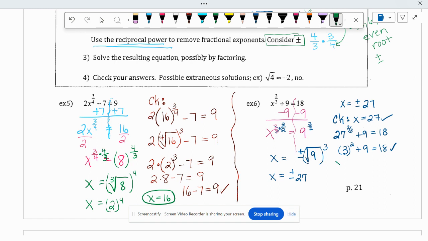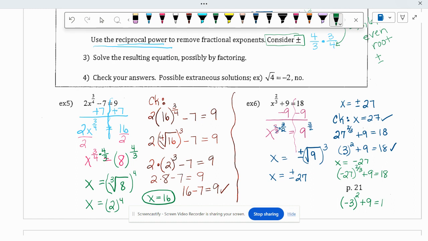Now let's check negative 27. When x equals negative 27, remember, you always put a negative into a parenthesis, negative 27 to the 2/3 power plus 9 equals 18. The third root of negative 27 is negative 3, and negative 3 squared is a positive 9.